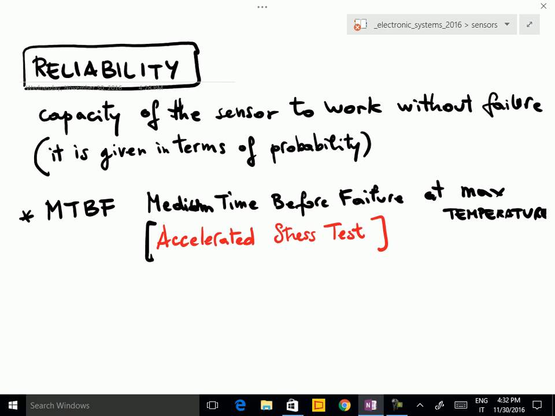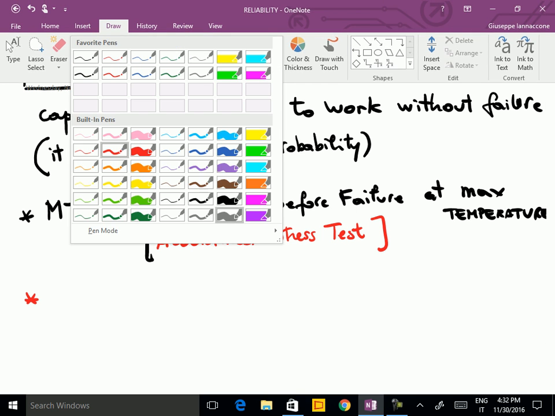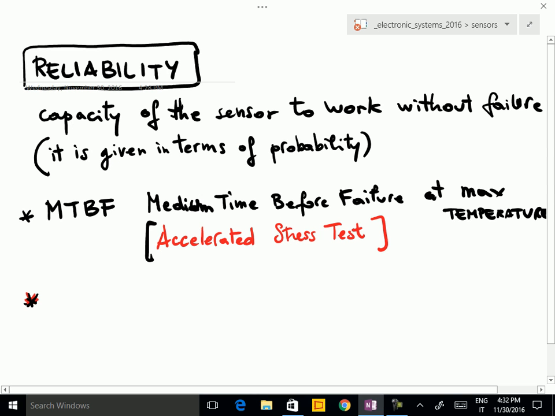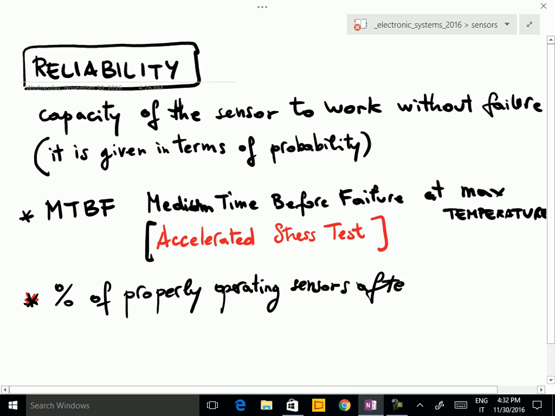So this is something that is actually practical. And another quantity which indicates the reliability, also obtained with stress test conditions, is the percentage of properly operating sensors after a given time at max temperature.